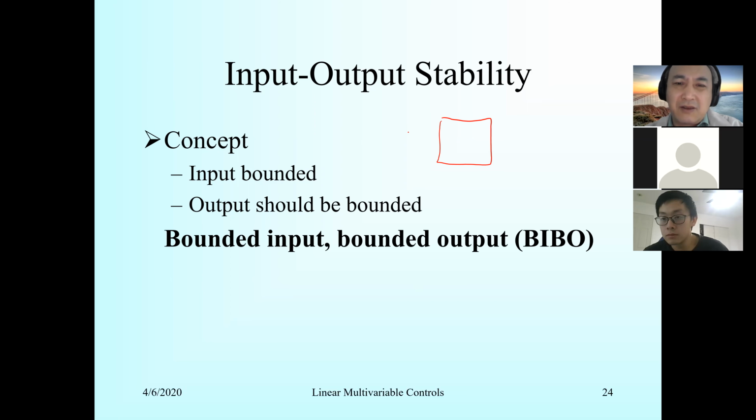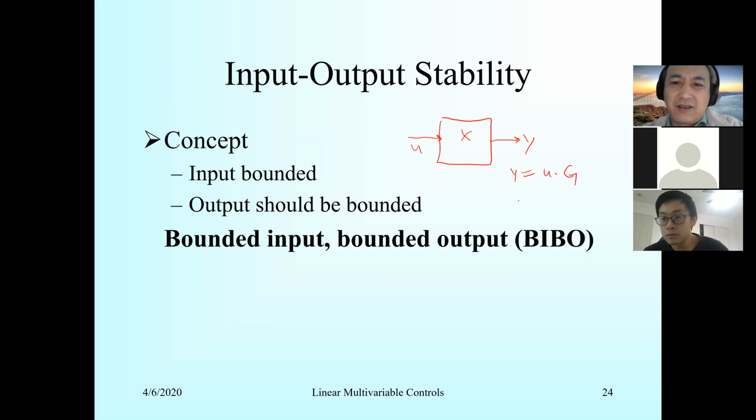And we talked about you have U, you have Y, but it should have some internal representation. It's called a state, X. By choosing the X, you can do a realization of the system. So from U to Y, Y is U times G. That's an in and out relationship.